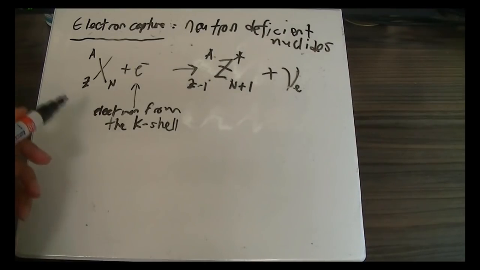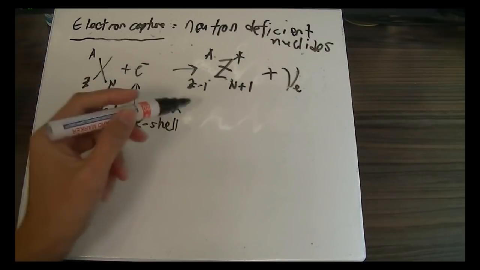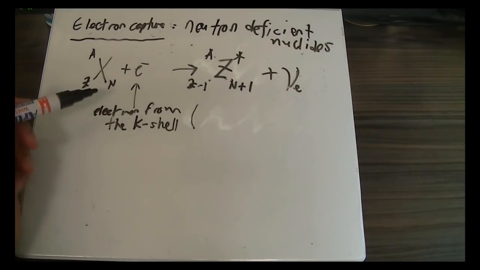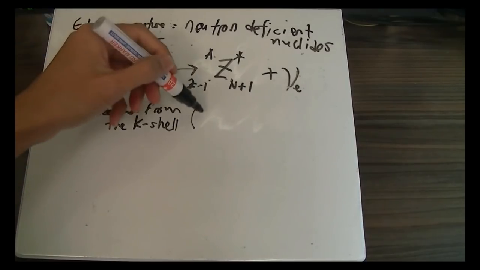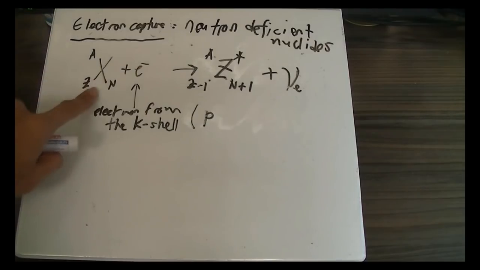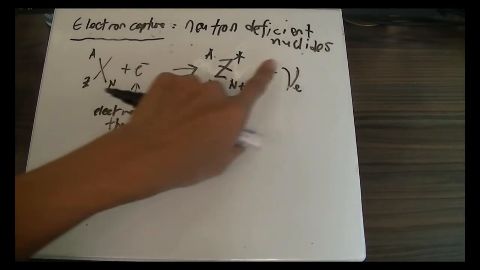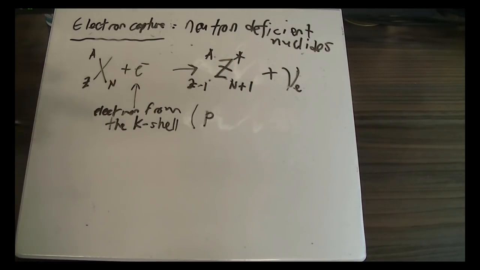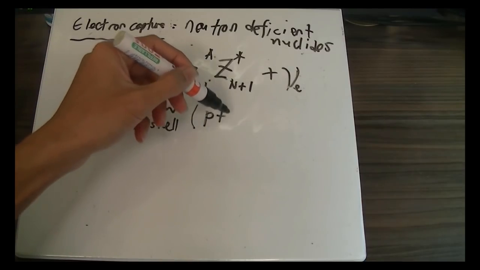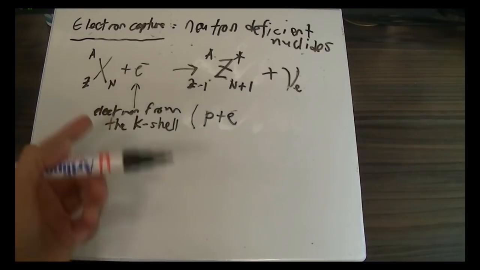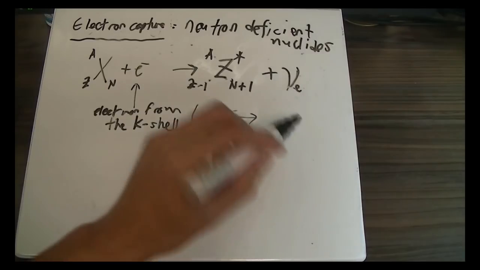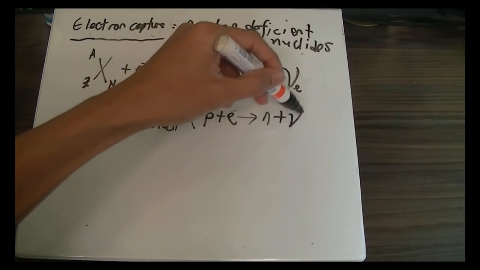So what is actually happening inside the parent nucleus is that the parent nucleus is lacking neutrons, so a proton combines with an electron from the K shell to form a neutron and a neutrino.